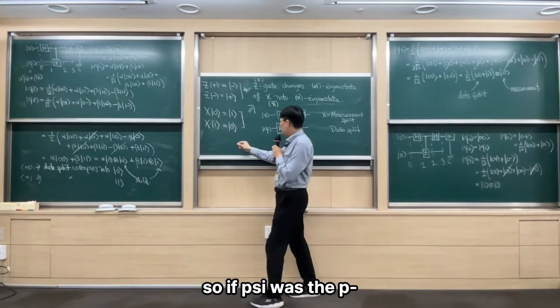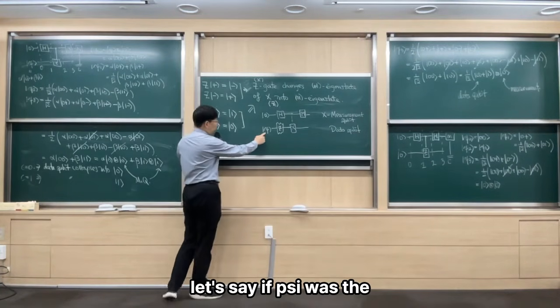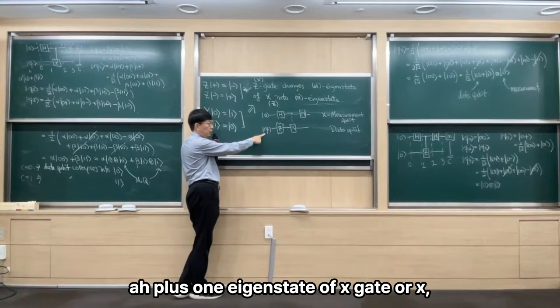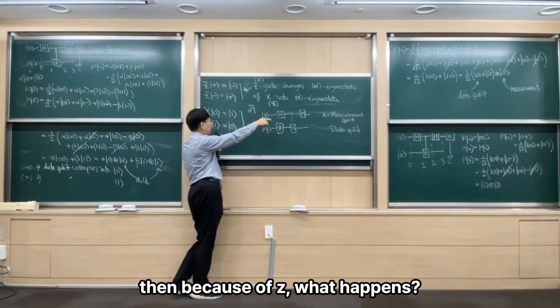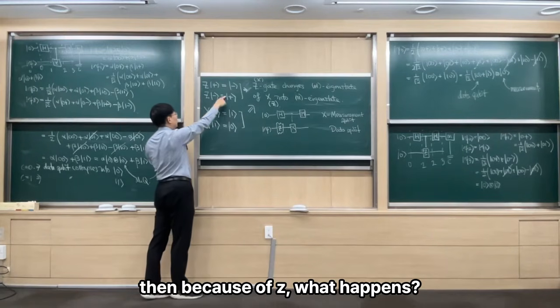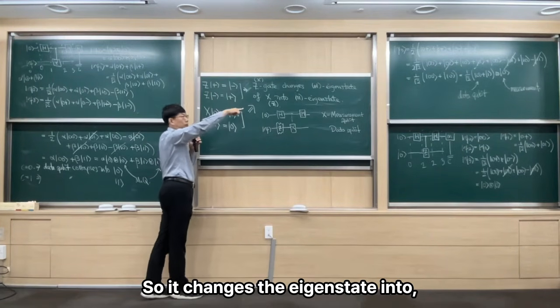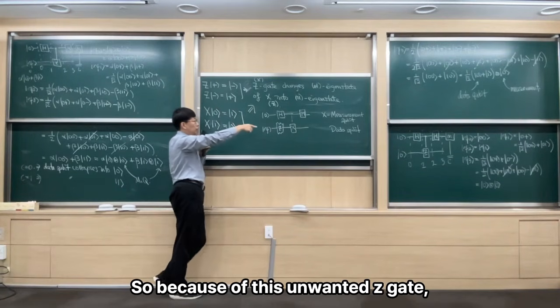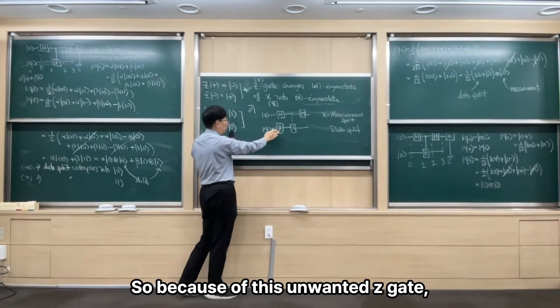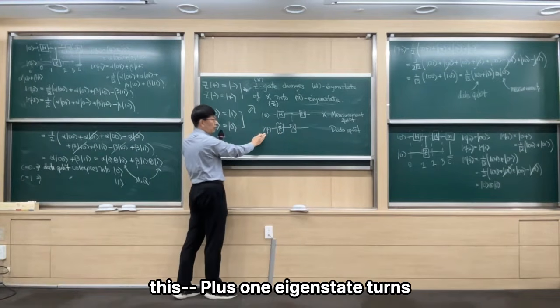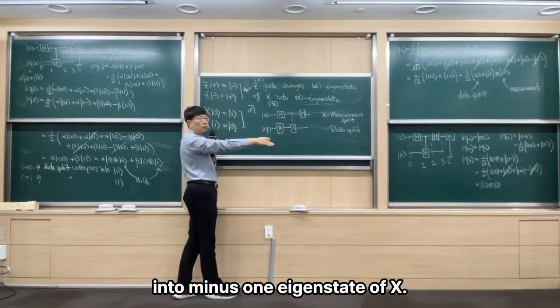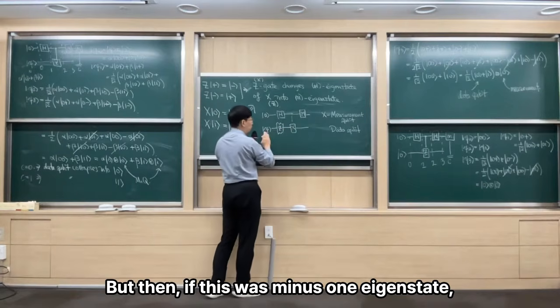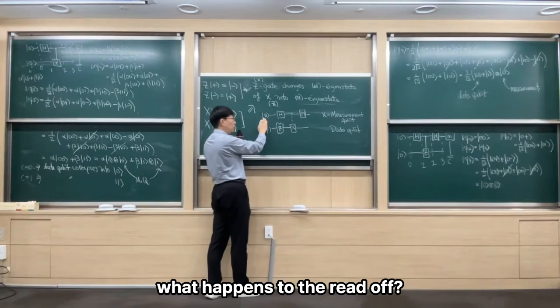So if psi was the +1 eigenstate of X, then because of Z, what happens? It changes the eigenvalue into a different one. Because of this unwanted Z gate, the +1 eigenstate turns into the -1 eigenstate of X. But then if this was the -1 eigenstate, what happens to the read-off?